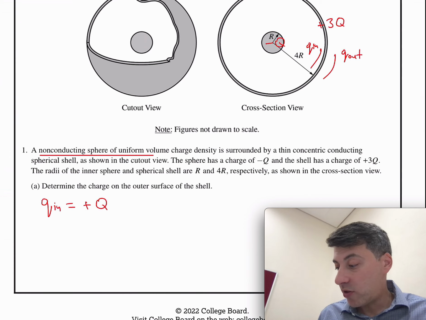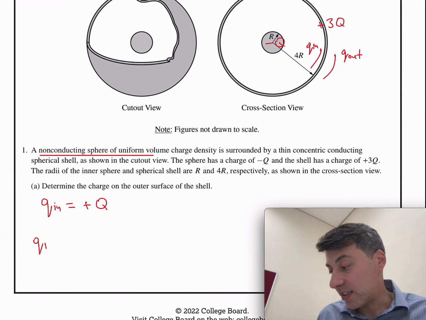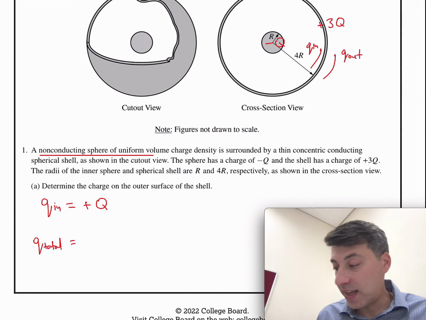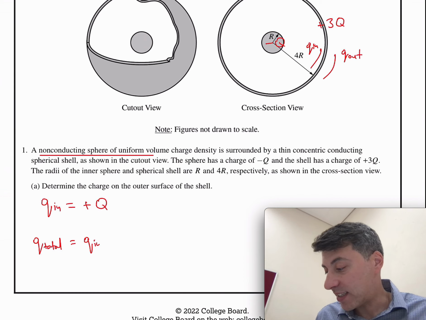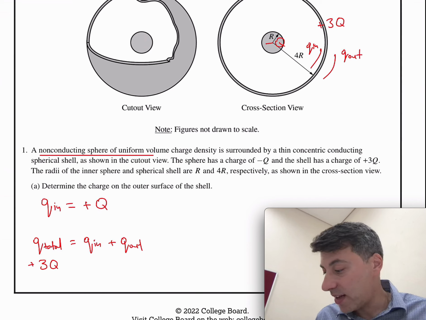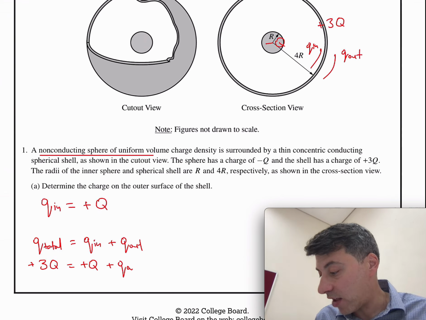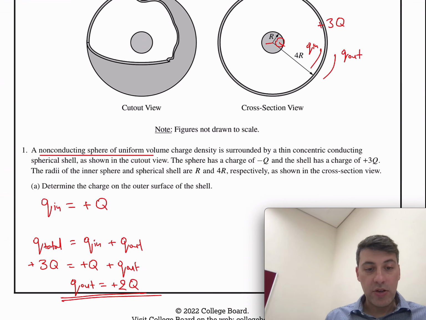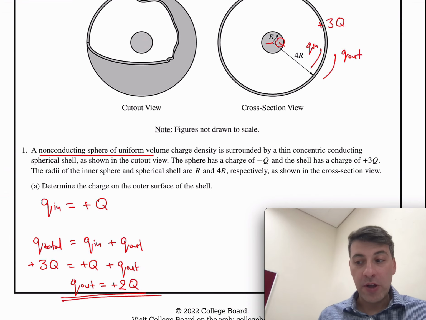And we need to mention that the total charge on the shell is the inner plus the outer. The total charge is plus 3q. The inner we found to be plus q, and the outer charge will have a value of plus 2q, which is the final answer for part A.